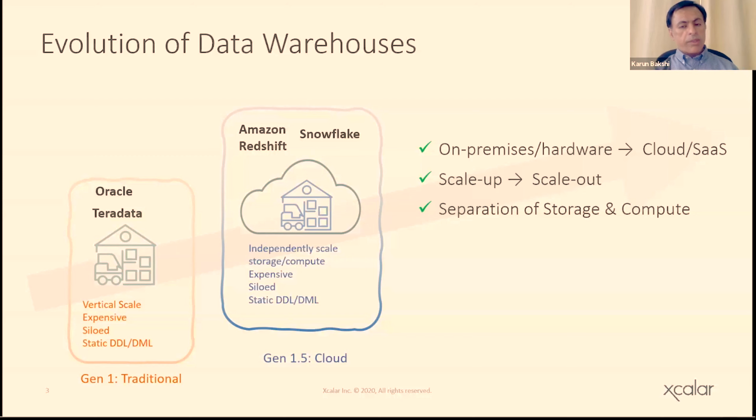They went from on-premises and hardware-based deployments to cloud, software and SaaS-based deployments. They went from scale-up systems to scale-out systems. And they were able to make the scaling independent, so you could scale storage separately from compute. Those were the things they changed, and that was a significant leap forward.